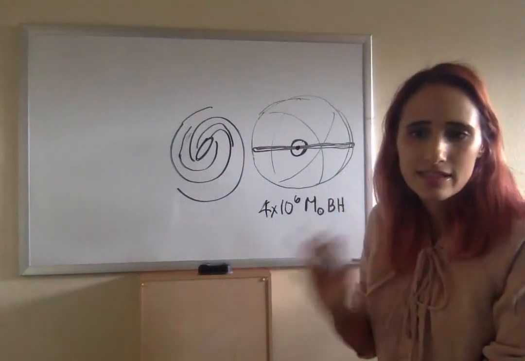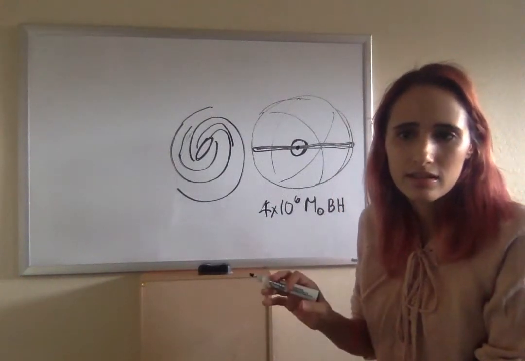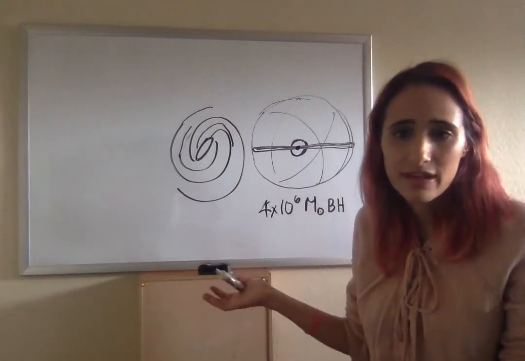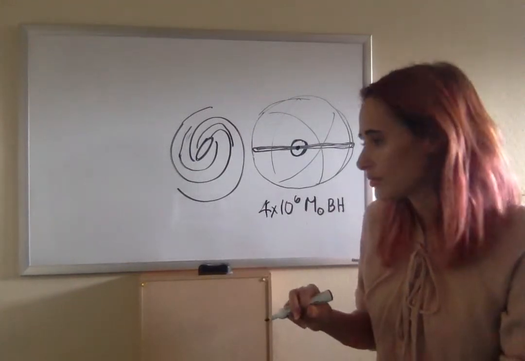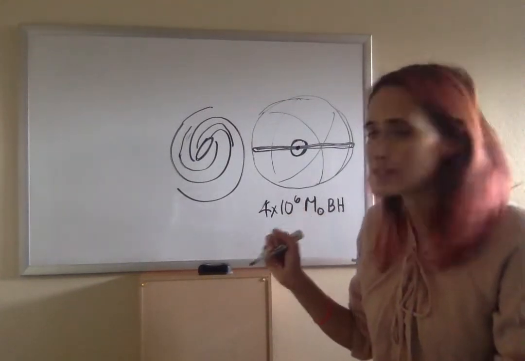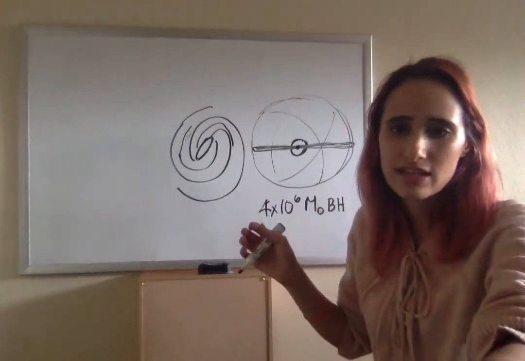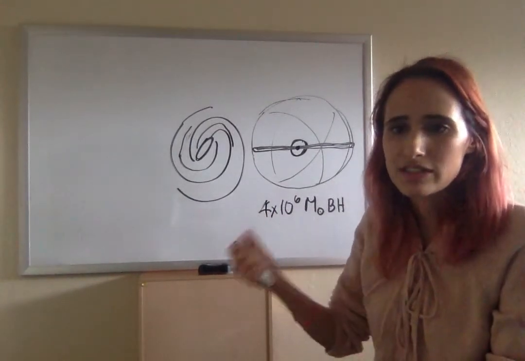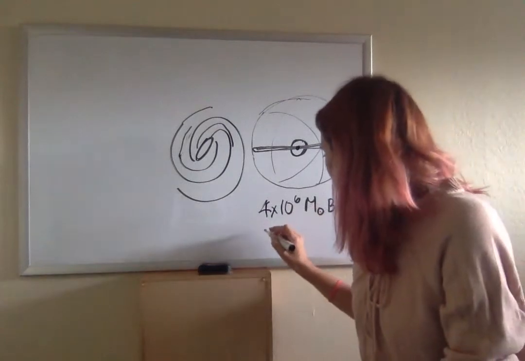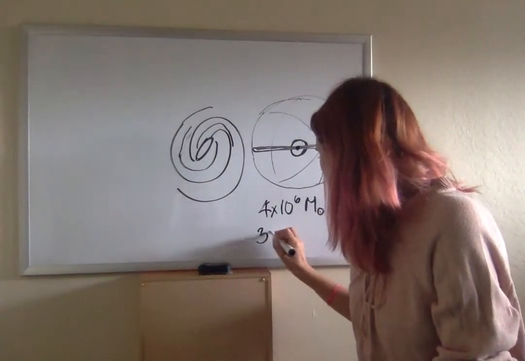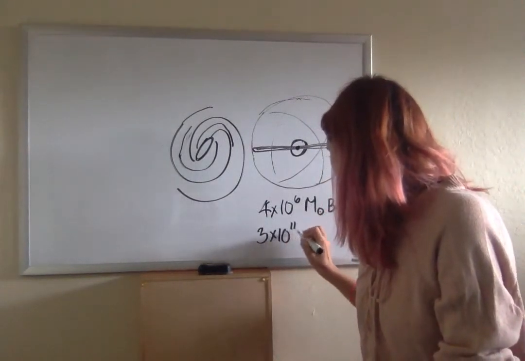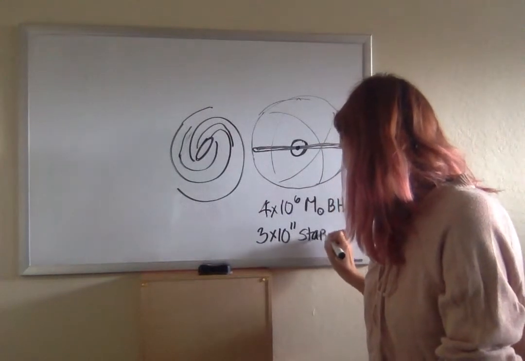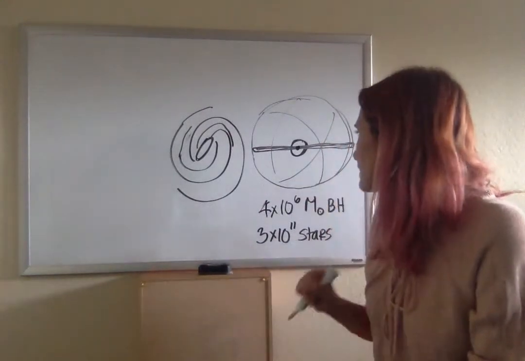It's just sitting there in the center of our galaxy. Stuff revolves around it, but it doesn't have a big accretion disk. It's not putting out jets or anything like that. It's mostly just sitting there. As far as stars, there's about 3 times 10 to the 11 stars in the Milky Way.